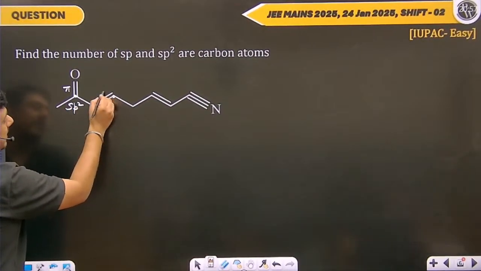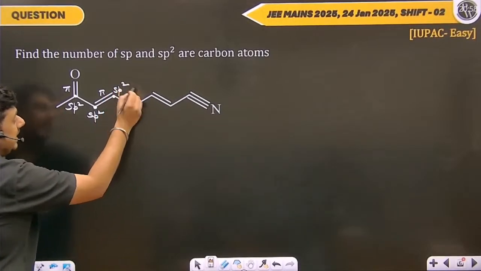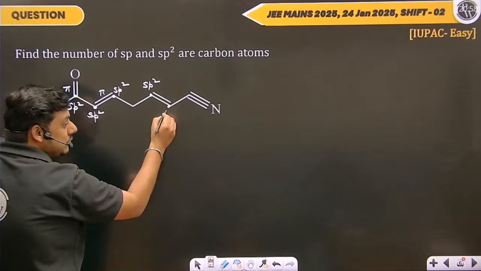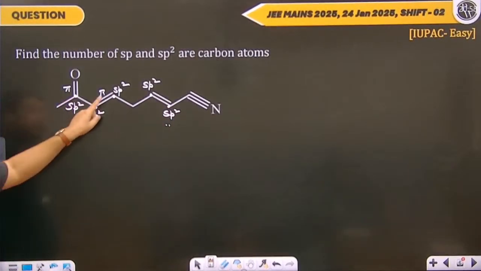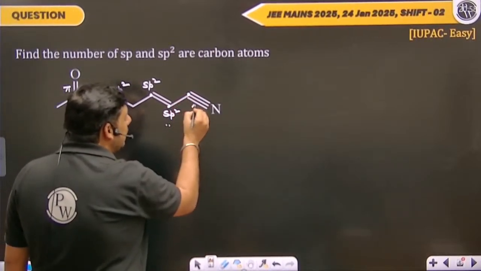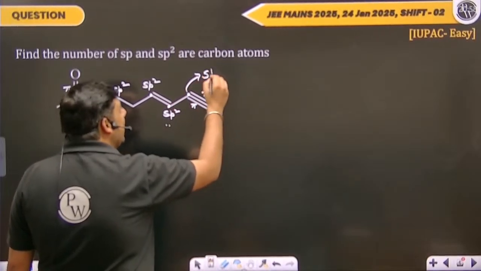These two are also having a pi bond, so these two are also going to be your sp2 hybrid carbons. The next one is this, again sp2, and this one is also your sp2, right? So we have a total of 1, 2, 3, 4 and 5 sp2, and this one is having 2 sigma bonds only and 2 pi bonds, so this carbon is going to be your sp, right?